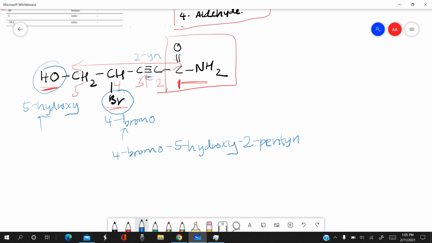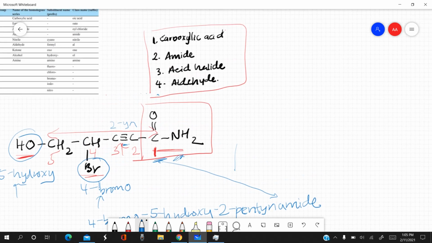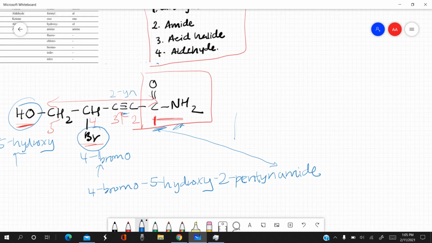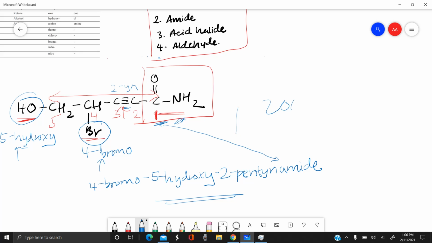And we don't write the E here because we have a major functional group, so amide. And we don't indicate the 1 here because it's one of the 4 which always gets number 1 when it's the major functional group, so we don't indicate the 1 here. Pentyne amide. So that's it. And this is a question from the 2004 Part 1 A-level paper.